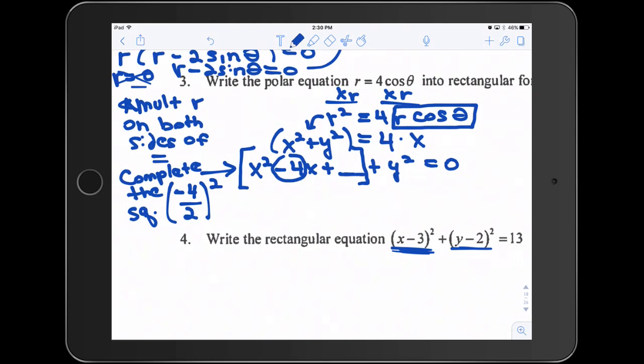This is a pattern that happens over and over again. You take whatever that middle term is, divide it in half, and square it. If we do that, we have negative 2 squared, which is 4. So I'm going to add 4 to this side. And of course, if we add 4 there, we have to add 4 to the other side of the equation, otherwise it's not balanced.